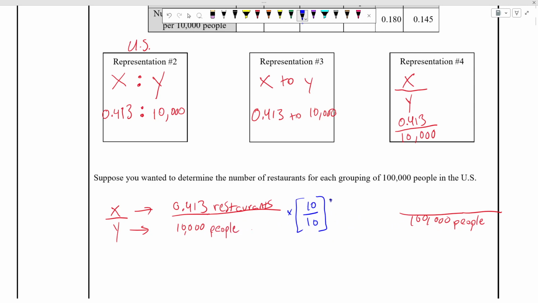And if I represented that 10 as a representation of the number 1 here, let me just go ahead and make it very clear. I am using the identity property of 1. And that property basically, like I just said, states that any number times the number 1 is itself.